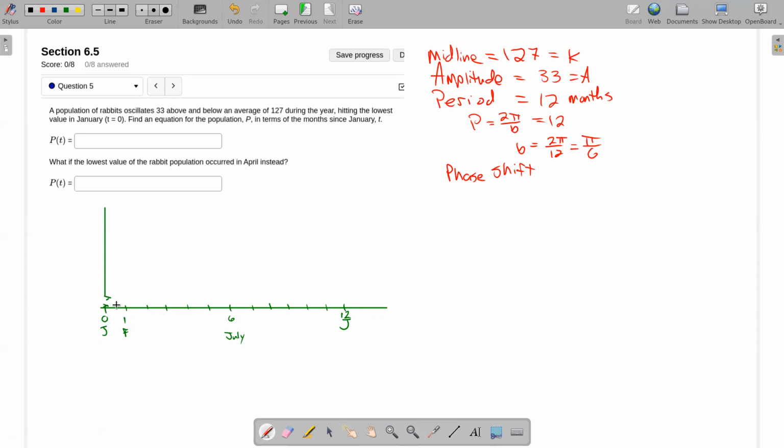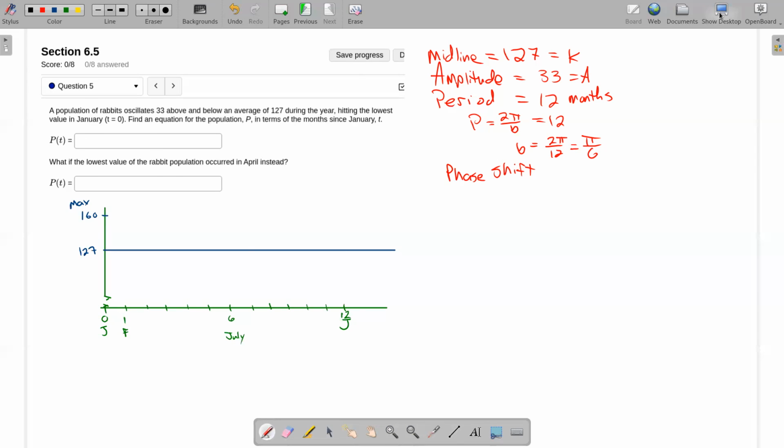Okay, so 127 is in the middle. So let's draw a midline, different color. Let's put the middle right here. So that's my 127. I need to go 33 up from that. So that would be 160. Should be my max. And 33 down from that is going to be 90 something.